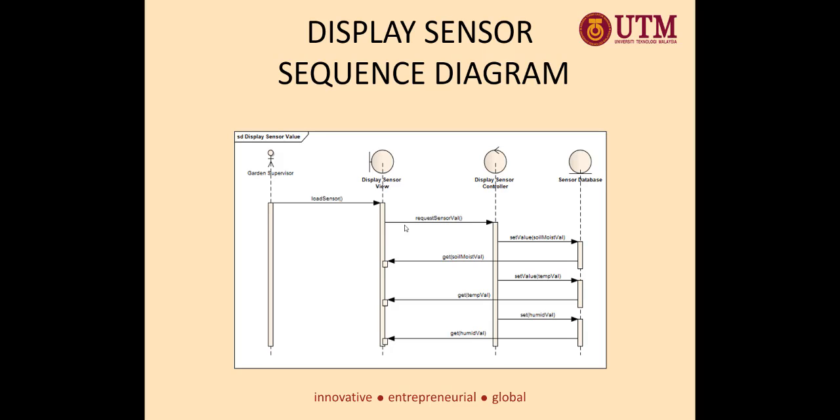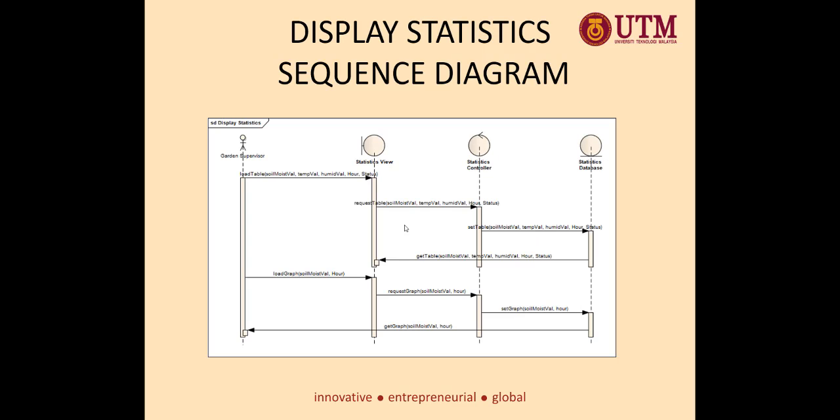Next is the display sensor sequence diagram. So the web application will automatically load all the sensor values by requesting from the database, and it will return each of the sensor readings and display them in the web application.